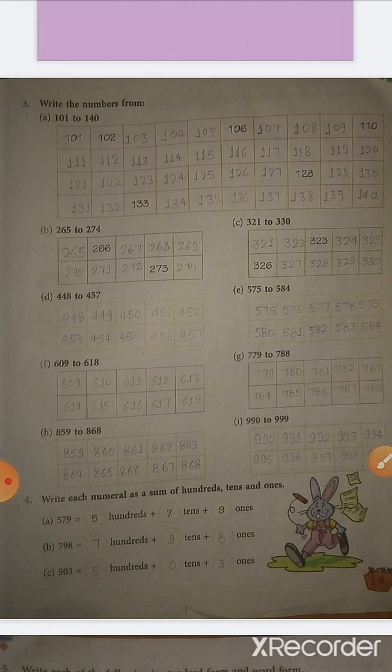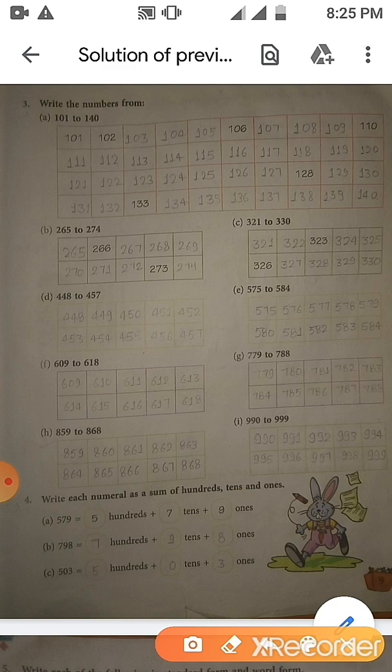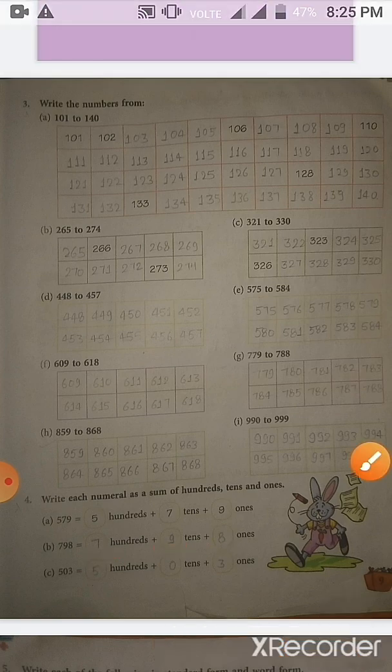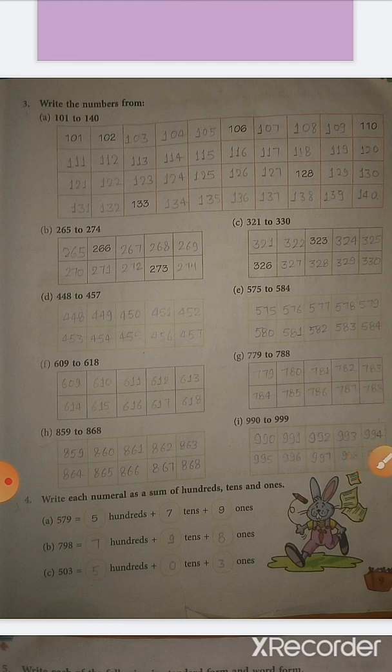We can see 7 at the hundreds place, so we will write here 7, in front of tens we will write 9, and in front of ones we will write 8. So 7 hundreds, 9 tens and 8 ones.